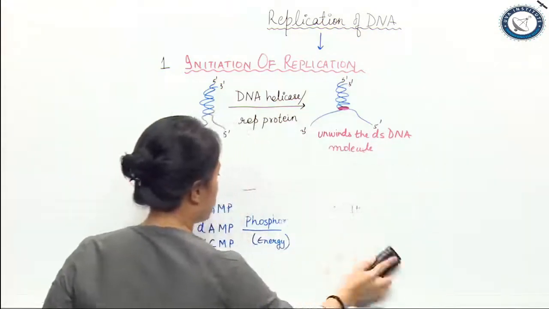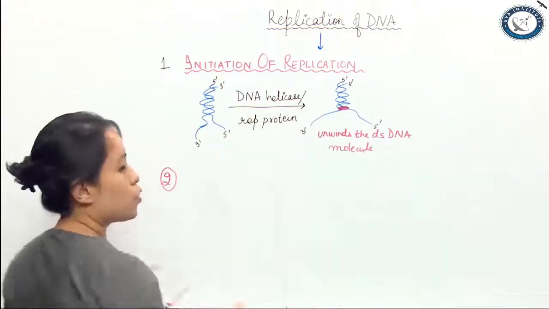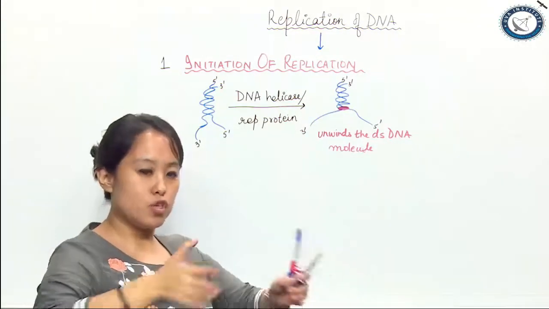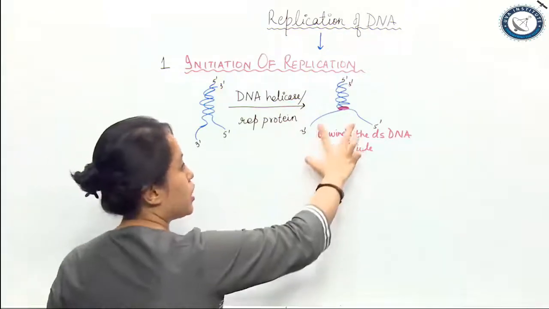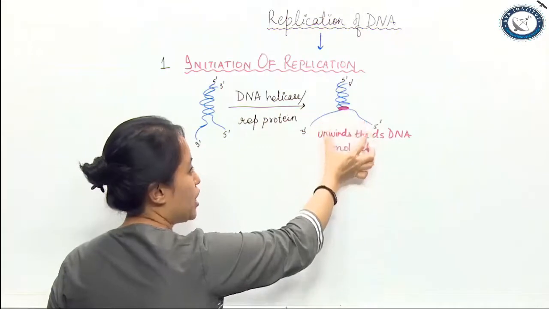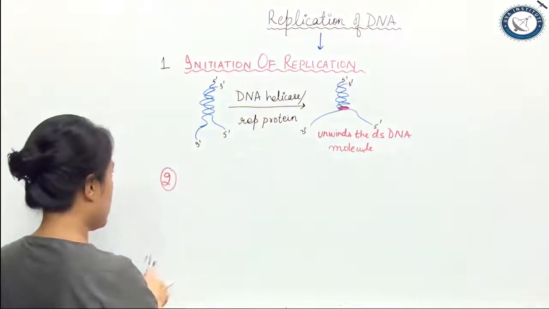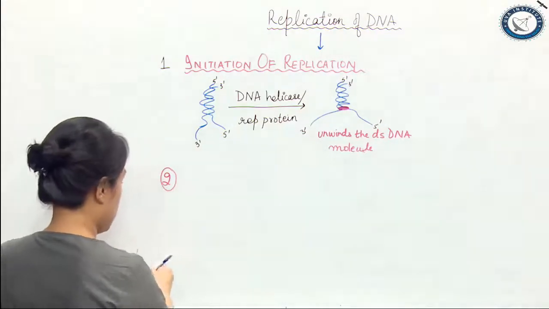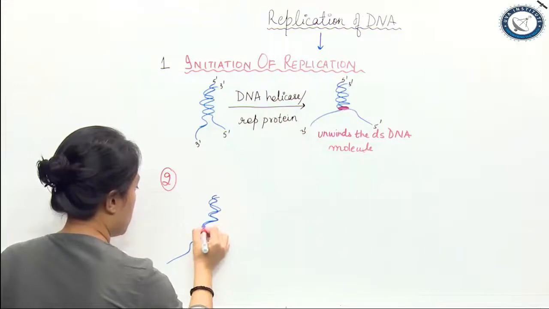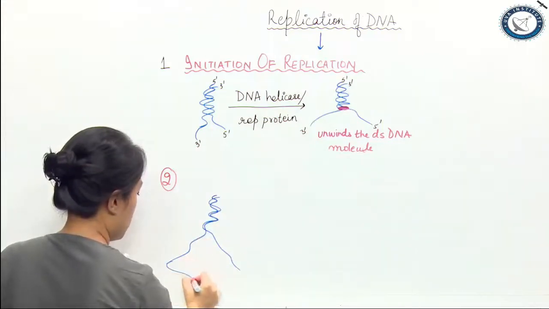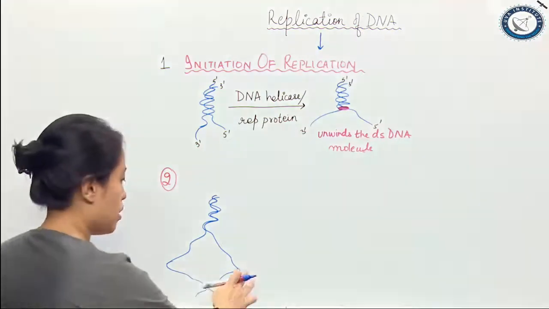And what is the problem? The DNA molecule which is opening up, might be a possibility when they are going to open up, at the end, they might start to coil also. I'll show you one structure here. What if they start coiling again?